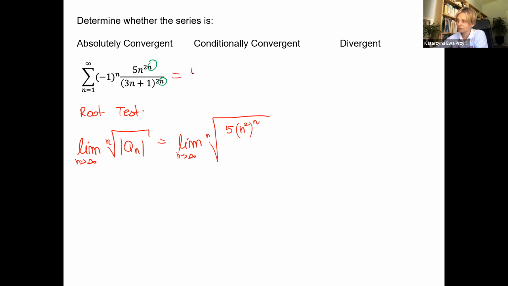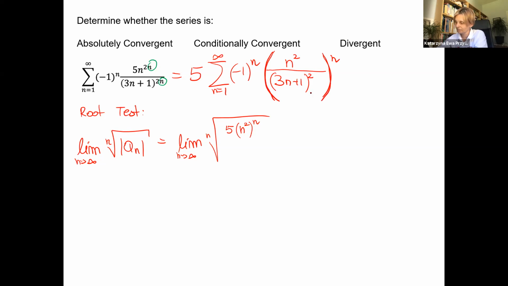Actually, I just want, because let's just rewrite a little bit. 3n plus 1 squared, and we have n squared, and everything is to the power of n. Do you see what I did?